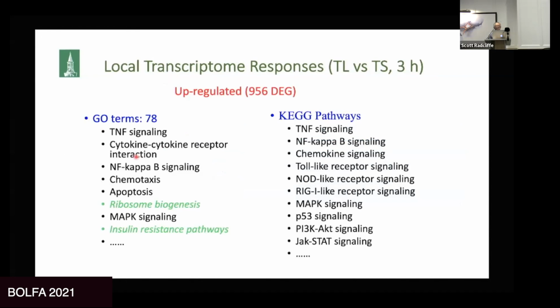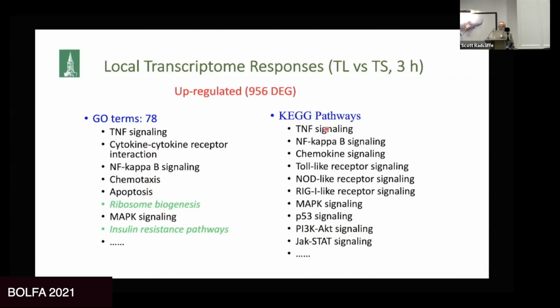At 3 hours, we see about 956 differentially expressed genes locally. We did the GO term analysis and the KEGG pathway analysis. As you can see, the major GO term changes induced by LPS treatment are cytokine signaling, cytokine inflammation, chemotaxis, apoptosis, and RNA translation. We were also interested in the insulin resistance pathway, which we talked about quite a bit yesterday.